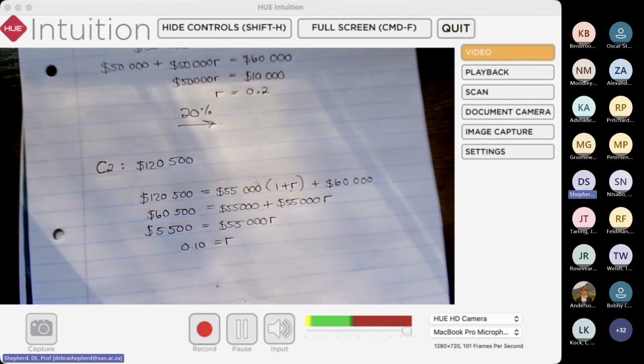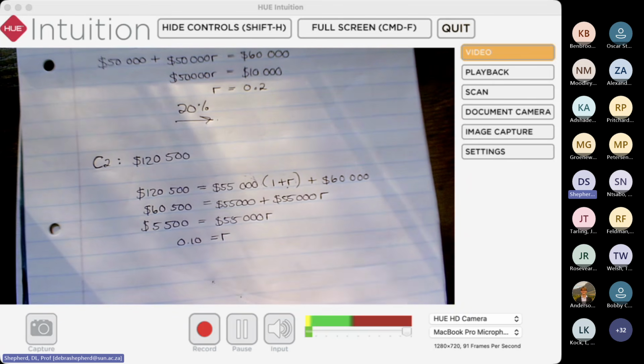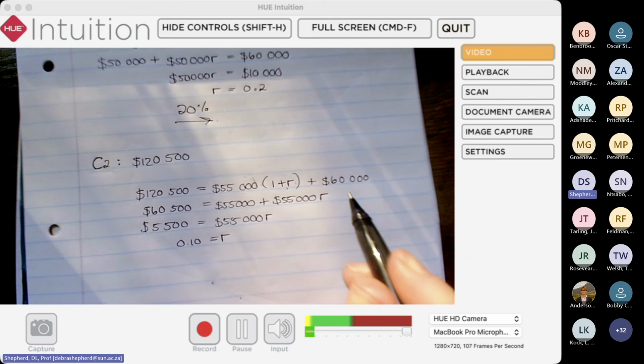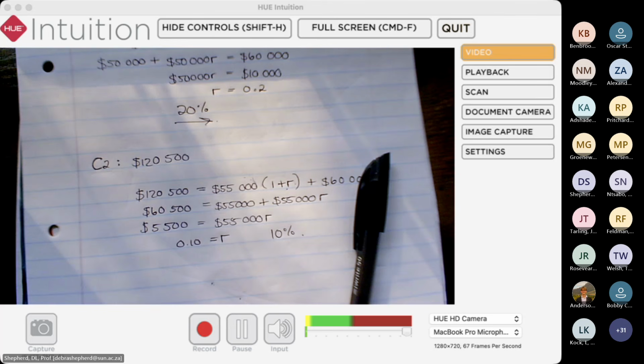So the minimum interest rate that would allow her to have a future consumption of $120,500 would be 10%. Does that make sense?